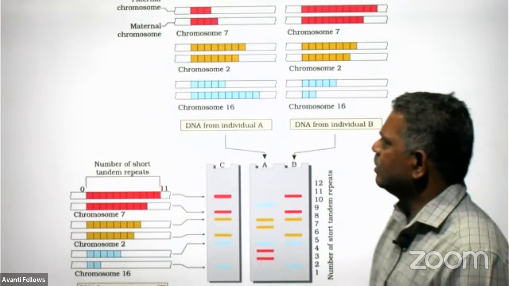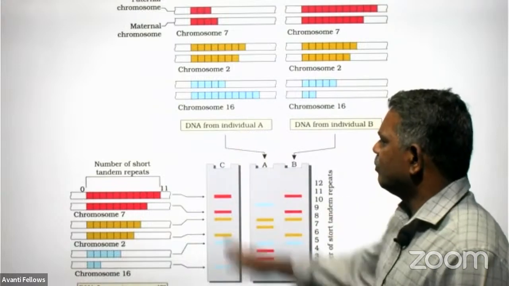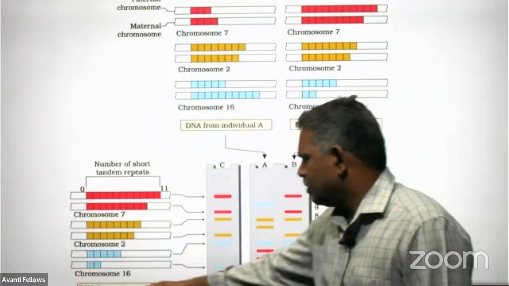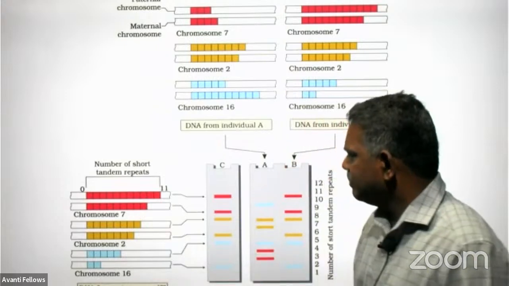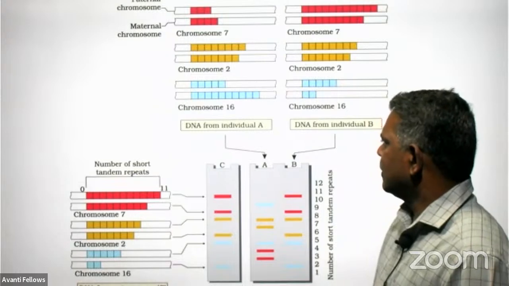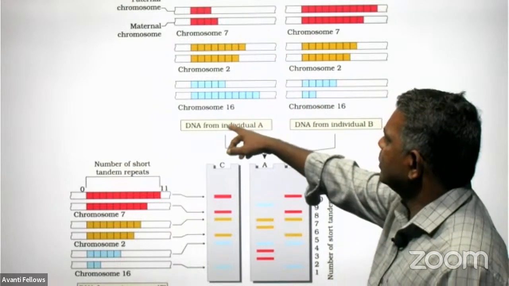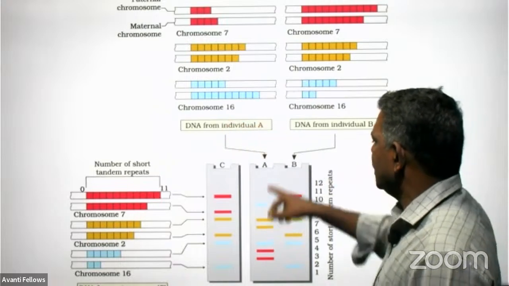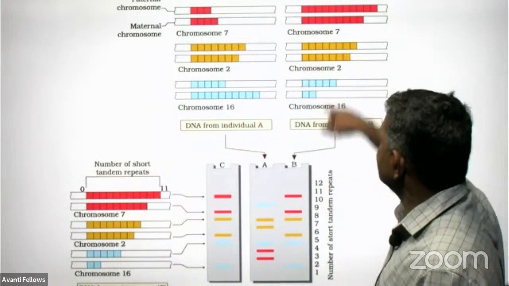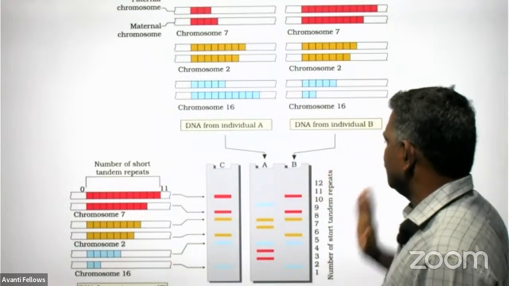Then prepare the fingerprinting of the cells collected from the scene of crime. See, this is the sequence. Then this is the fingerprint of the suspected person, individual A, and this is the second suspected person, individual B, the fingerprinting of these 2 persons.